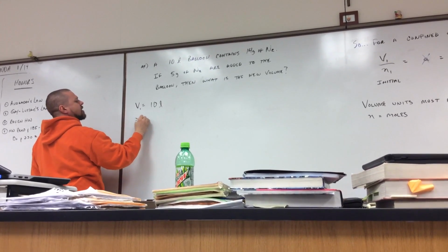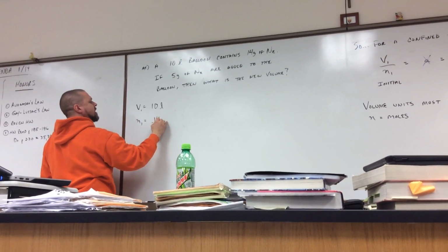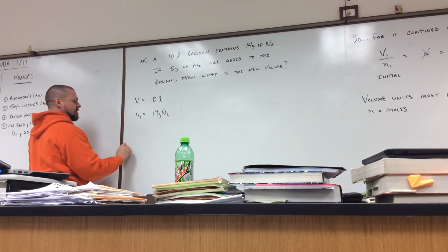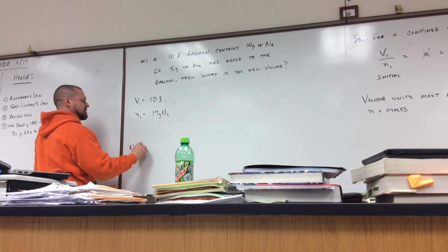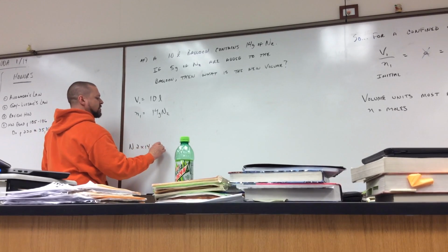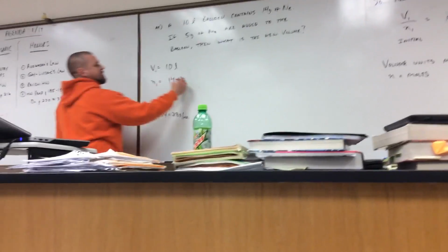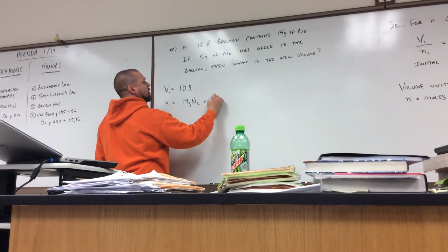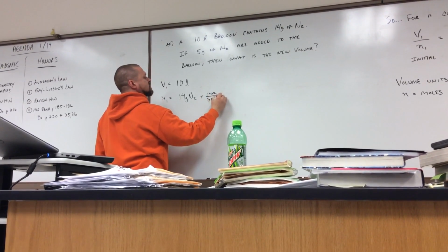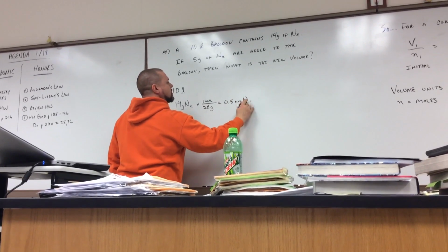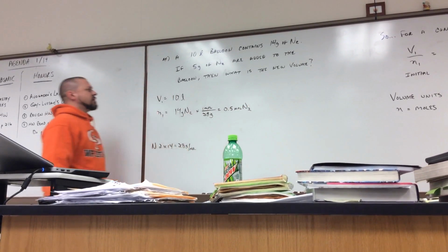And I have an N1 in the form of 14 grams of N2. Now, off to the side here, N2 times 14 is 28 grams per mole. So this is 1 mole over 28 grams, or 0.5 moles of N2. So I've got half a mole in there to begin with.